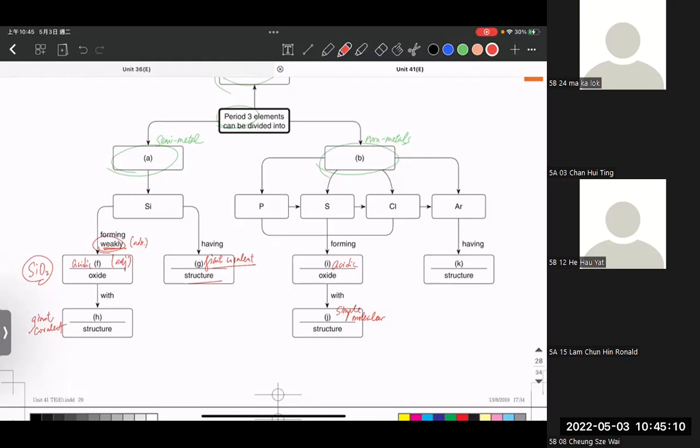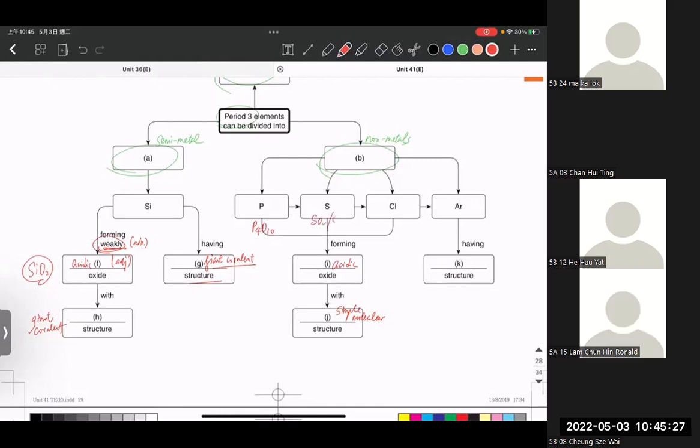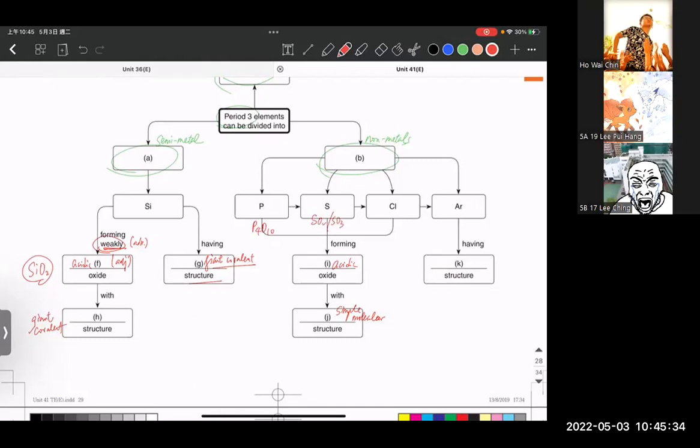P4O10 for phosphorus. Can you think of sulfur and chlorine oxide? Just give one name or one formula. Sulfur dioxide. Yes, sulfur dioxide, good. Sulfur trioxide is also okay. How about chlorine? Cl2O, okay? Yes, that's right.